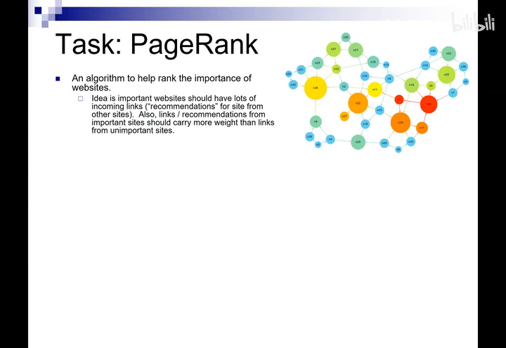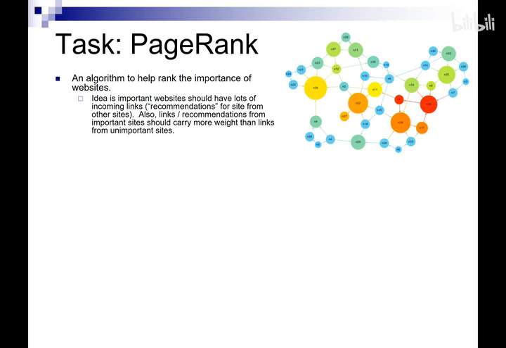And furthermore, if the web pages that point to my website are themselves high quality, then that makes my website even higher quality, because the fact that many high quality websites are pointing to my website indicates that my website is very good. That's the basic idea of how PageRank is going to rank different websites.